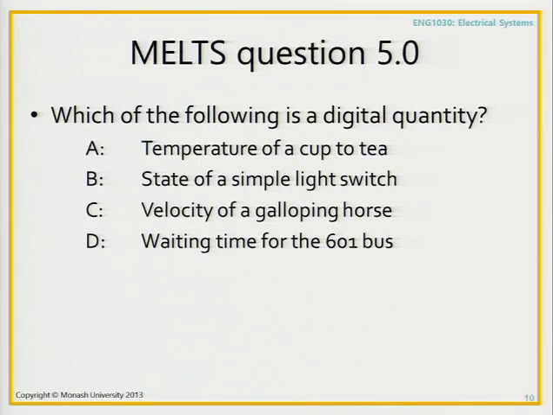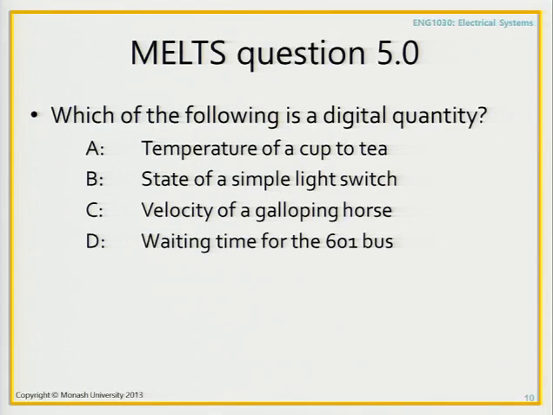Is that digital or is that analog? Analog. So you could be sorta late, or is it just late or not late? So it can be only two states, right? You can either be late or not late. So that would be digital, an example.